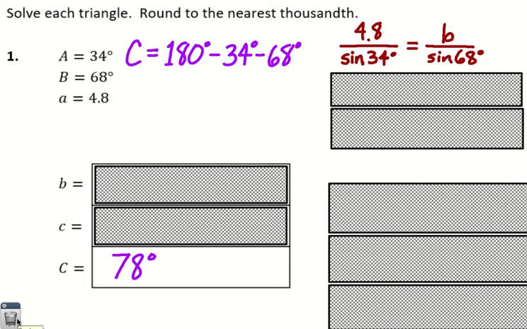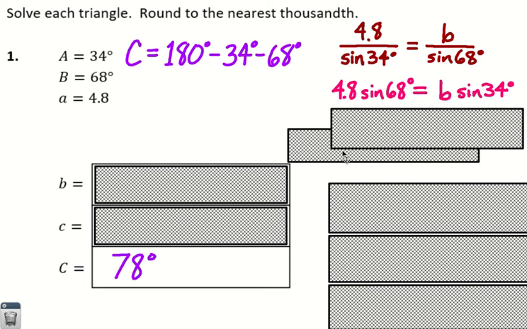So here we go. We have lowercase a over the sine of uppercase A, equals b over the sine of B, and then we cross multiply to get that. Recall that cross multiplying means you're multiplying diagonally, and you're getting this.